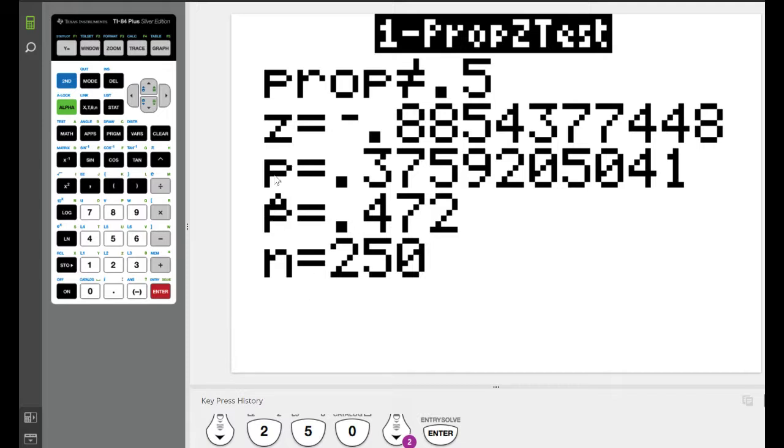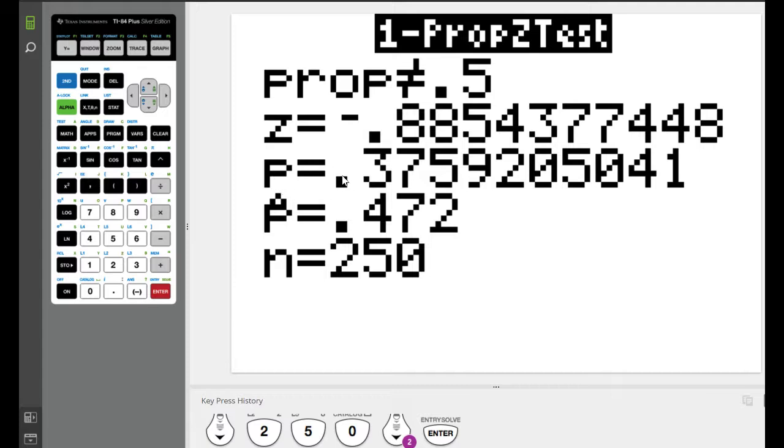And what we get from the calculator is several outputs. So I skipped over all the steps, but every single hypothesis test has the same steps. You have to calculate the test statistic, and from that, that's how you're able to get the p-value. Well, the test statistic for this situation was a negative 0.89 if we go to 2 decimal places. And our p-value, the p-value is the one without the hat on it.